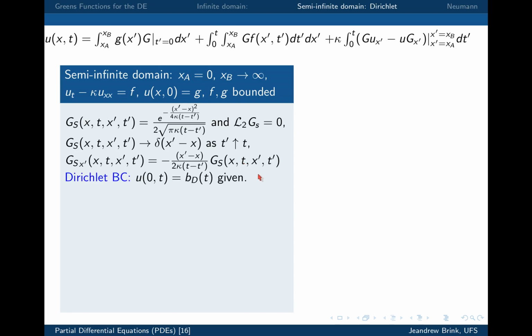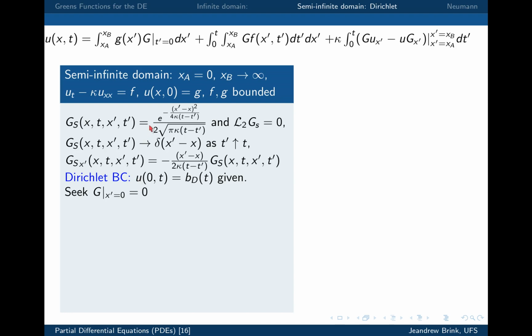And the first case we're going to consider is where we want boundary conditions where u of 0 and t, so over here, is given. We're going to give the actual value of the function rather than the derivative. And I'll do the one where we give the derivative in a moment. So we seek g such that g at x prime equals 0 is zero.